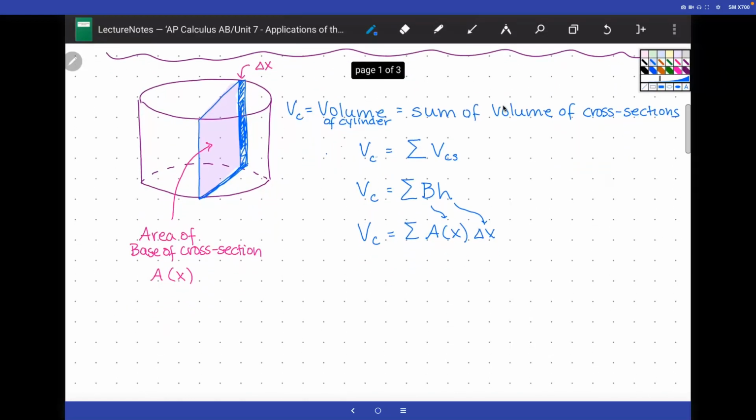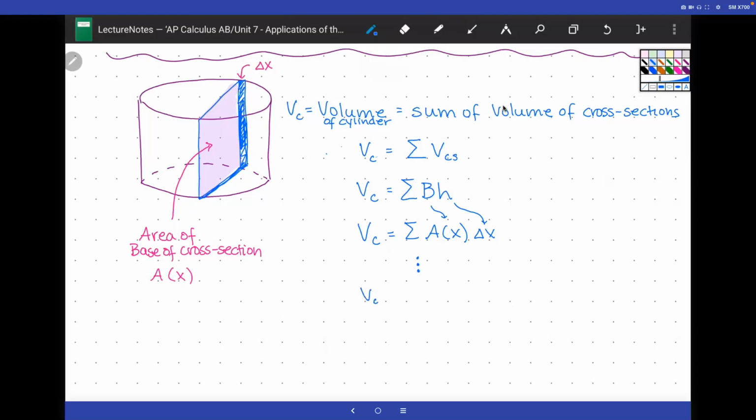And then through the magic of Riemann sums, which don't worry, I'm not going to make you go through the whole Riemann sum process again. But if you recall, you may not, because it's been a while, the definition of a definite integral is a Riemann sum.